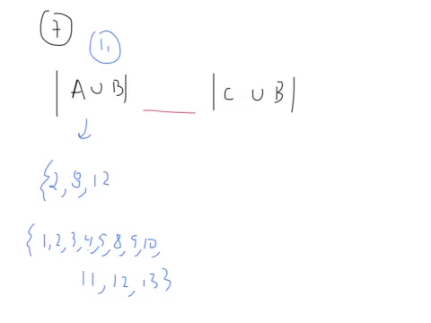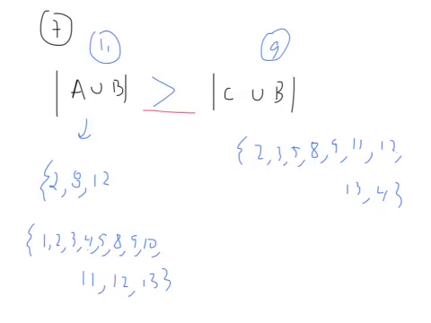And C union B, here we just have 2, 3, 5, 8, 9, 11, 12, 13, 14, which is size of 9. That shows that A union B has more elements than C union B.